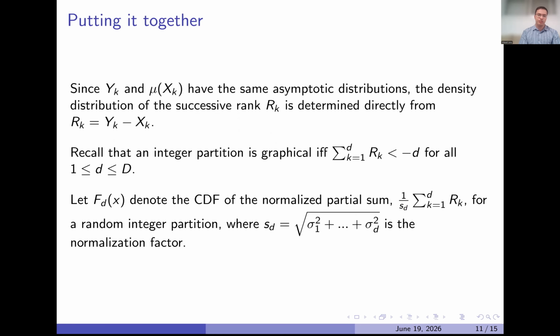We denote the cumulative density functions of these partial sums by the function capital F. Notice that since the successive ranks are independent of each other, as we sum on more successive ranks, that is, as d increases, we expect the cumulative density function to approach a standard normal distribution from the central limit theorem.